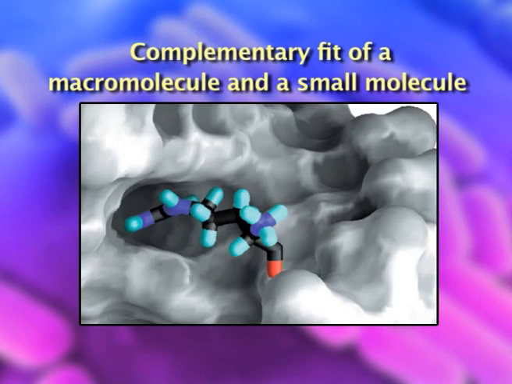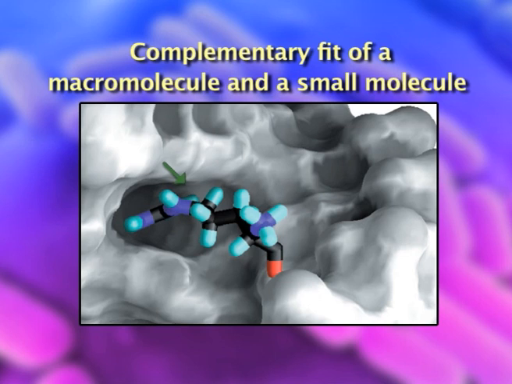Like here you can see, this is an image of a macromolecule enjoying a complementary fit with a small molecule. Here the gray region represents the macromolecule, which is a segment of the TAR regulatory RNA region encoded by the HIV genome, and this colored molecule represents arginine, which is an analog of a residue of the protein that binds in this region.